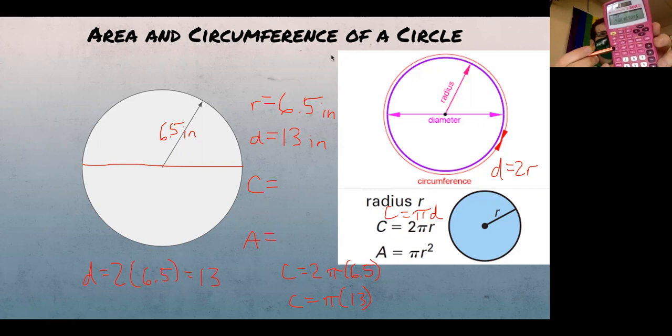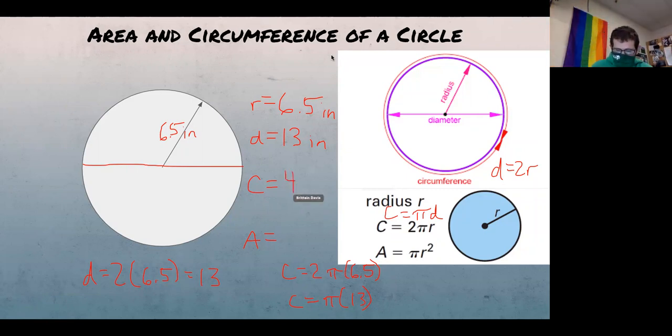So you don't need to type in 3.14 or, if you know a lot of digits, you don't need to worry about that. Just hit pi and it gives you lots of digits. So 13 times pi gives us 40.8, and we will keep it rounded off to the nearest tenth for all of this, just to make it consistent.